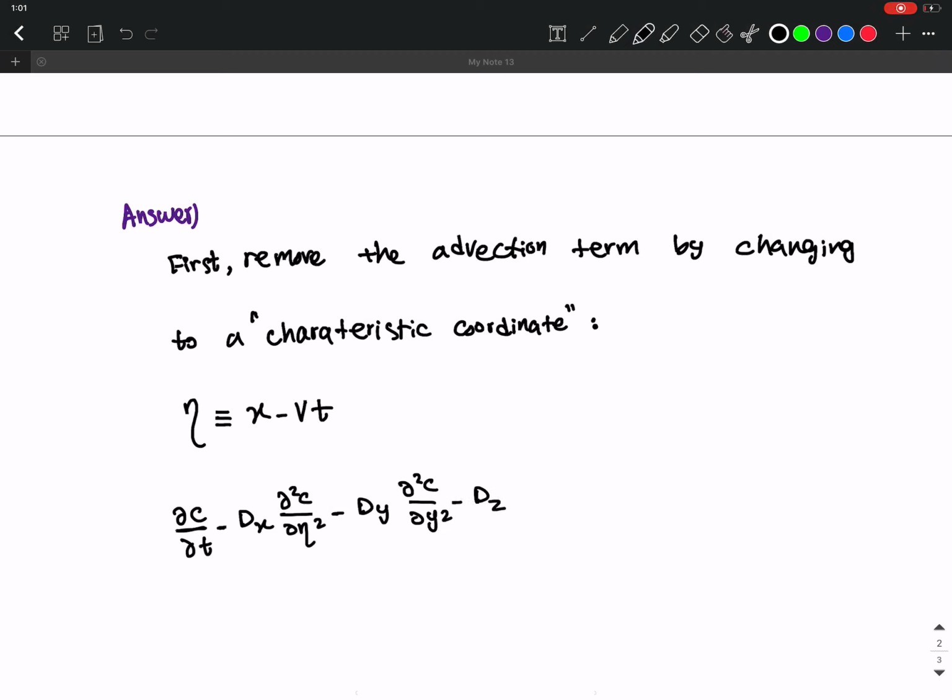So Dz and Dy, those diffusion terms do not change here.